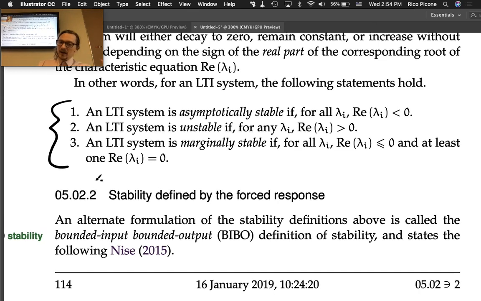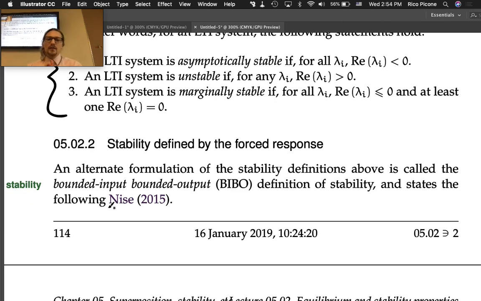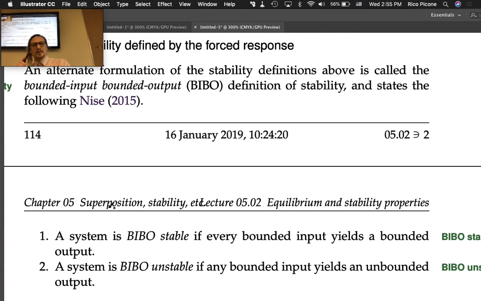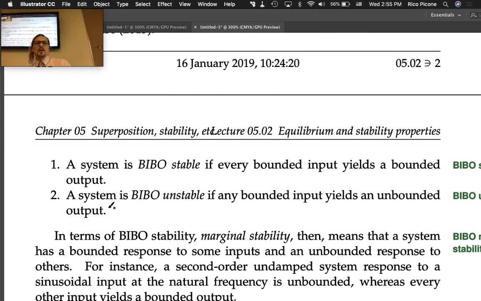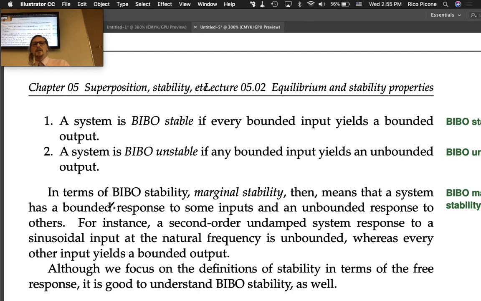But let's look for just a moment at the stability defined by the forced response. An alternative formulation of stability is called the bounded input, bounded output, or BIBO stability, and states the following. The system is BIBO stable if every bounded input yields a bounded output, and a system is BIBO unstable if any bounded input yields an unbounded output.